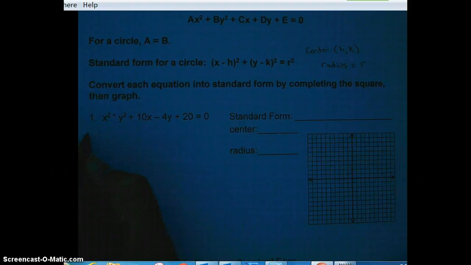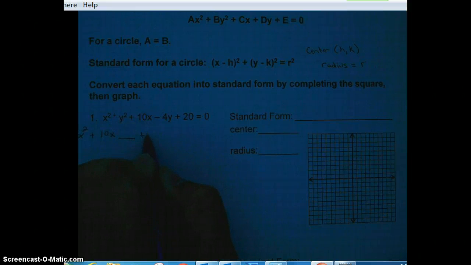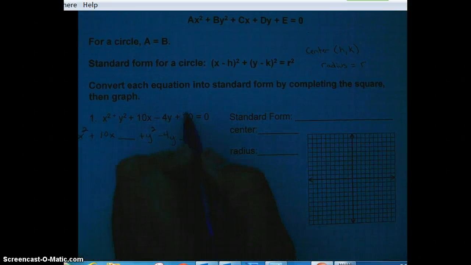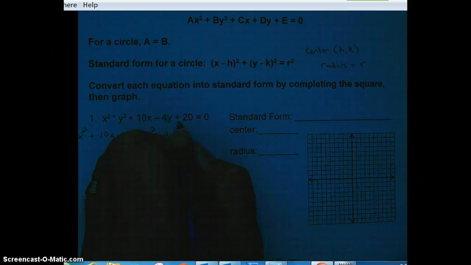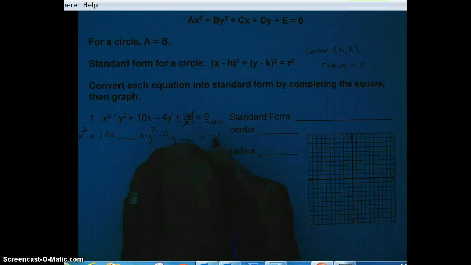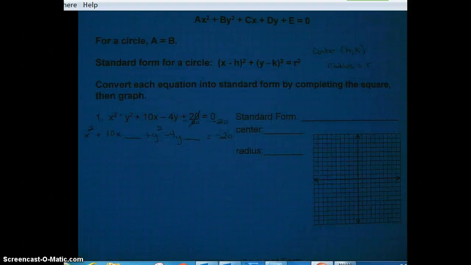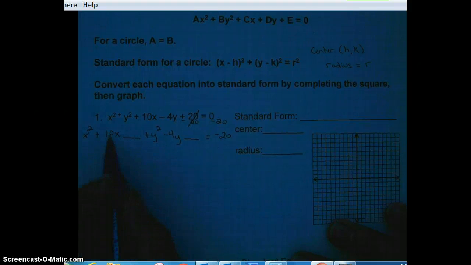So we have x squared plus 10x, leave a space, plus y squared minus 4y, leave a space, and then we're going to move that 20 to the other side. Canceling it on the left, we get negative 20. So, completing the square.